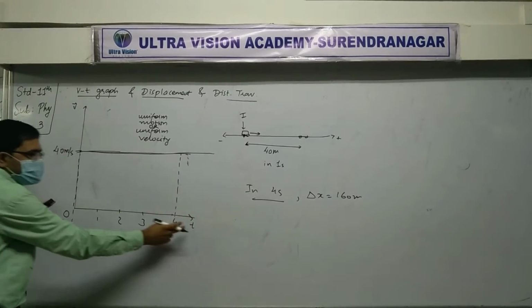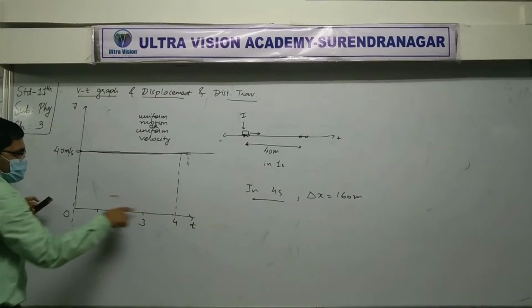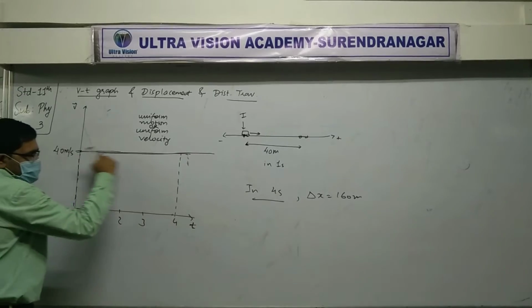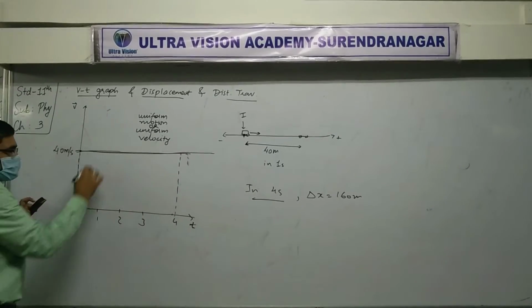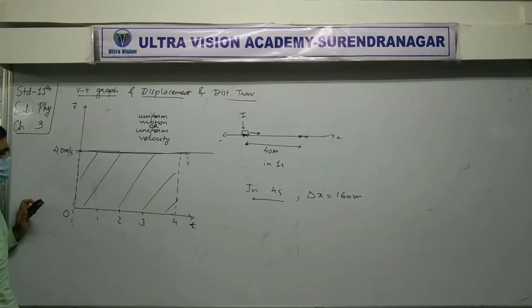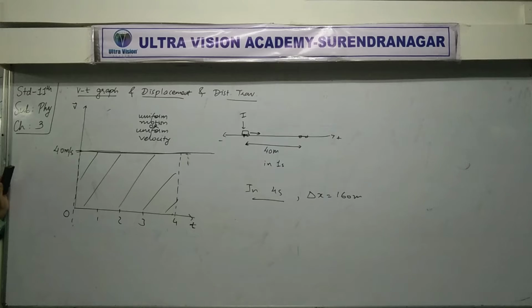Then you see we are getting a rectangle which is covered by this line, this axis, and this graph. What shape is that? Rectangle. Can you find area of this rectangle? Raise your hand when you are done.